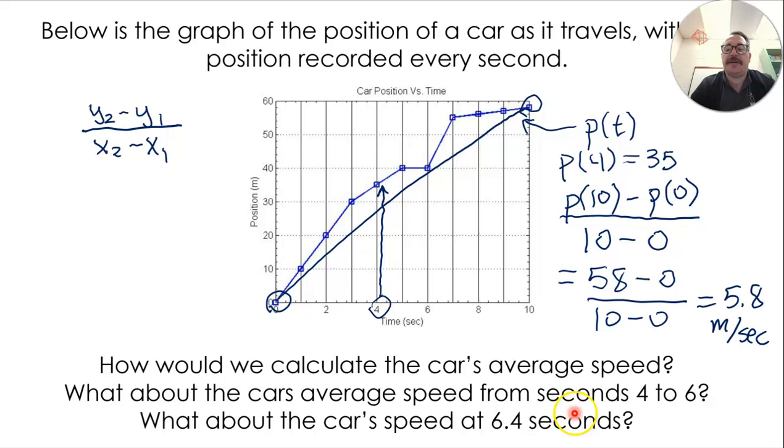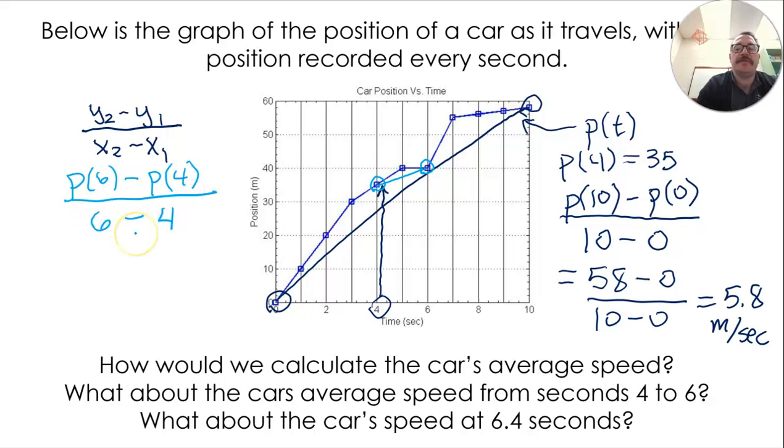So let's get the car's average speed from seconds 4 to 6. So on our graph, we're right here at 4, and then we're right over there at 6. So what we're going to do is take the difference of the car's position in the top. So we have P of 6 minus P of 4 over 6 minus 4.